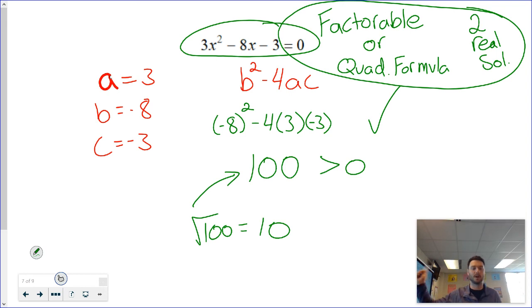This is what I'm going to want you to write on your assignment today. I want you to write how many solutions there are. So this one, there are going to be 2 real solutions because it's bigger than 0. It's a positive number. And I want you to write that you could either factor or use the quadratic formula on this. Cool?